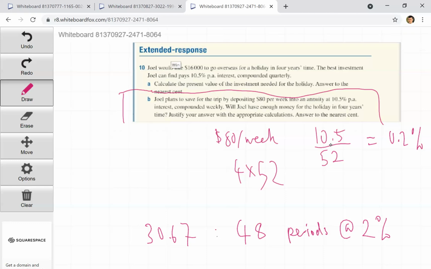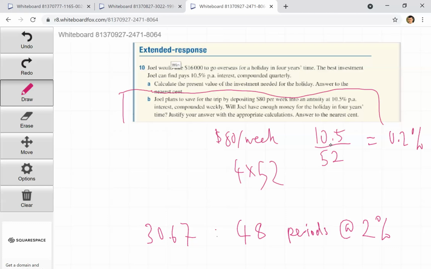So the 30 and the 80, right? What's 30 times 80? I have no idea. So what's 3 times 8? 24. Okay, and then add the two zeros on. Yes, 2,400.